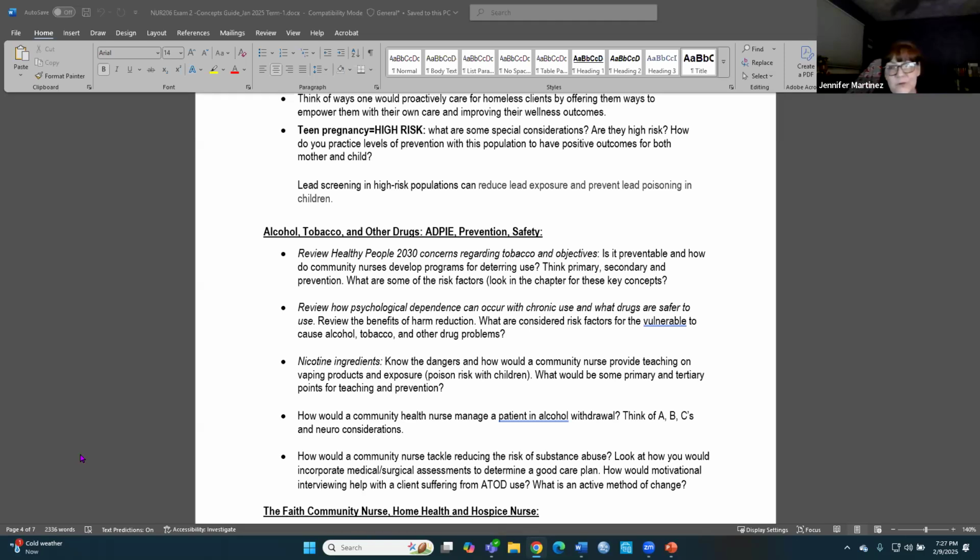They won't have to go through the withdrawals and all that stuff if they don't ever start. So, promoting that healthy lifestyle, avoiding the smoking, avoiding the vaping, avoiding those other drugs, as well as educating on the guidelines. We know that there's lots of medications out there that are used for a variety of different ways.